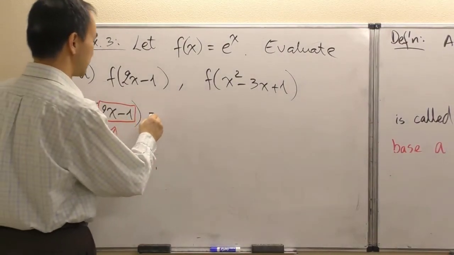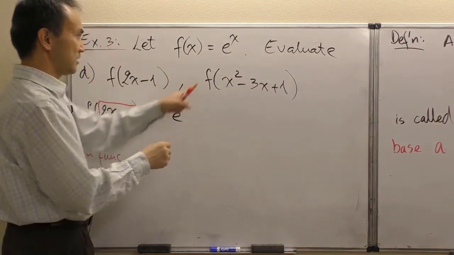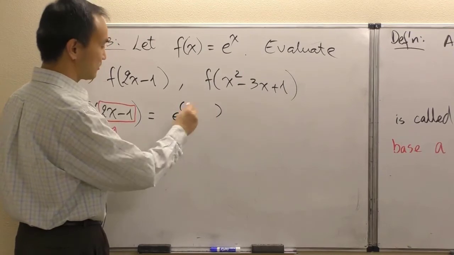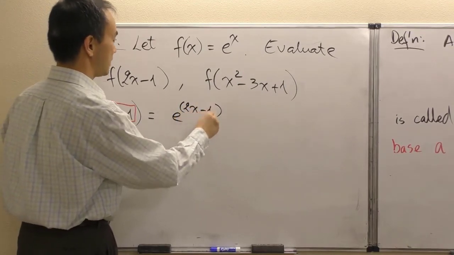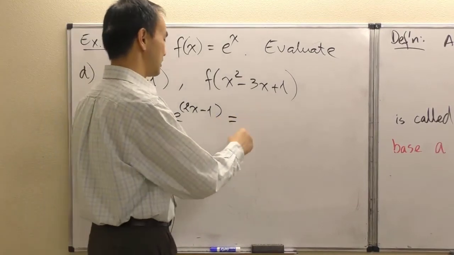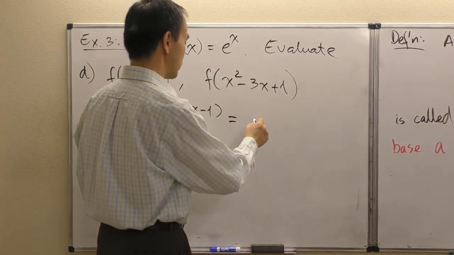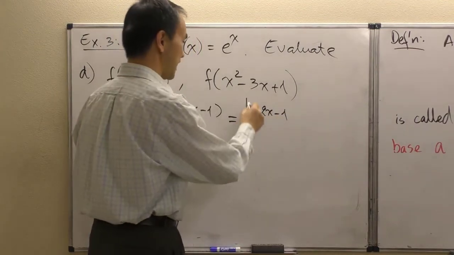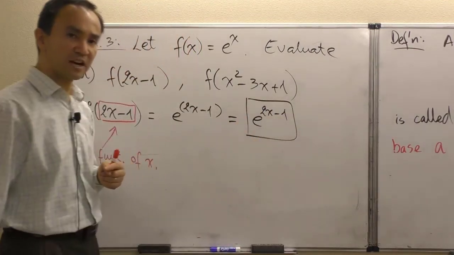So now I'm going to take base e, and wherever I see my input, I'm going to substitute. Instead of x, I substitute 2x minus 1. Then I simply take the parentheses away. So e to the 2x minus 1. This is our final answer.